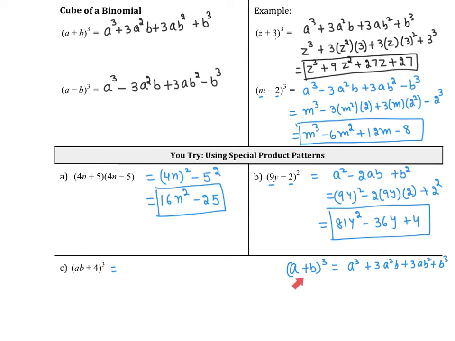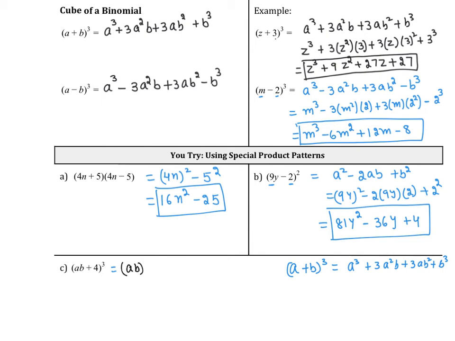So what is the formula? I just rewrote this formula like this: a cube plus 3a square b plus 3ab square plus b cube, where a I'm going to treat as ab. So that's my a. My b is going to be 4. So I'm going to write it down as a cube.